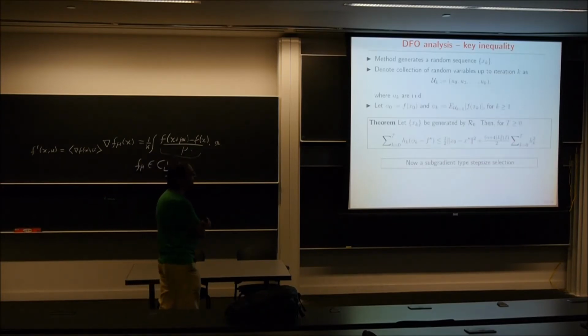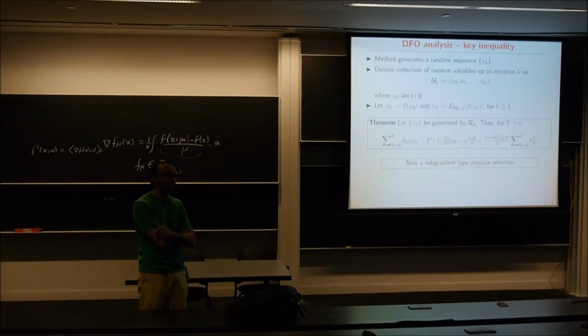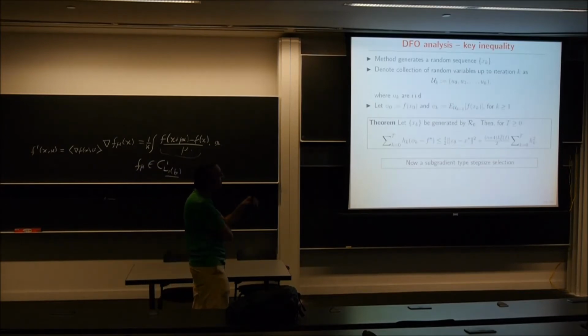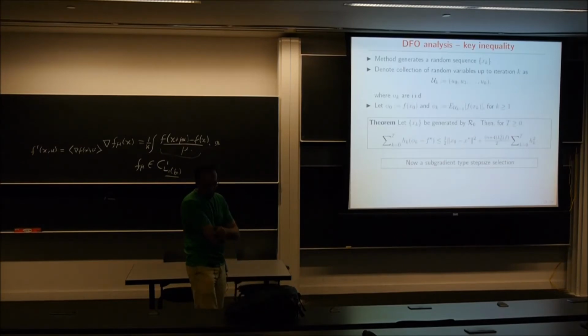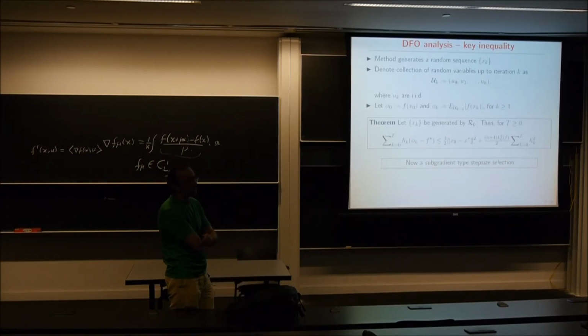I'm not going to prove that, but this might remind you of a similar inequality that we saw when analyzing the subgradient method. Or rather, I actually presented the analysis of the stochastic subgradient method, where there was a similar inequality. Point is, reaching this inequality requires a little bit of work, but it's not so critical, except that if you were yourself creating all these methods afresh, what are the guiding principles?